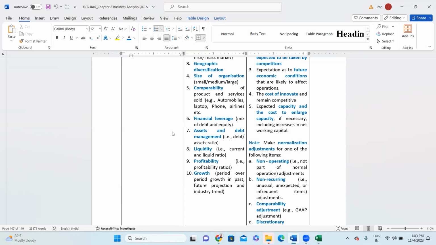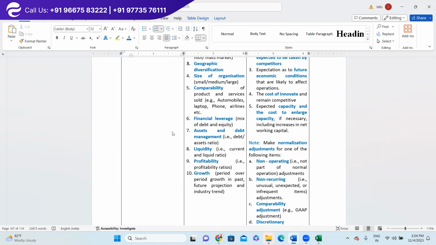That means more and more financing options you need to adopt. Then after that, assets and debt management. This is also very important, to manage the assets and the debt properly so that you can provide the respective record to the users of financial statements on a respective need basis.